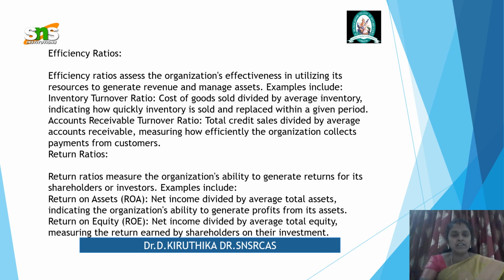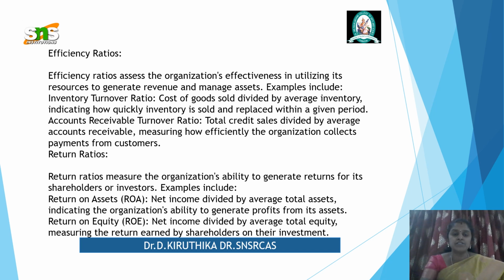That indicates how quickly inventory is sold or replaced within a particular period. One is your inventory turnover ratio, another one is your account receivable turnover ratio. In this, the total credit sales divided by the average account receivable helps us to understand your account receivable turnover ratio.